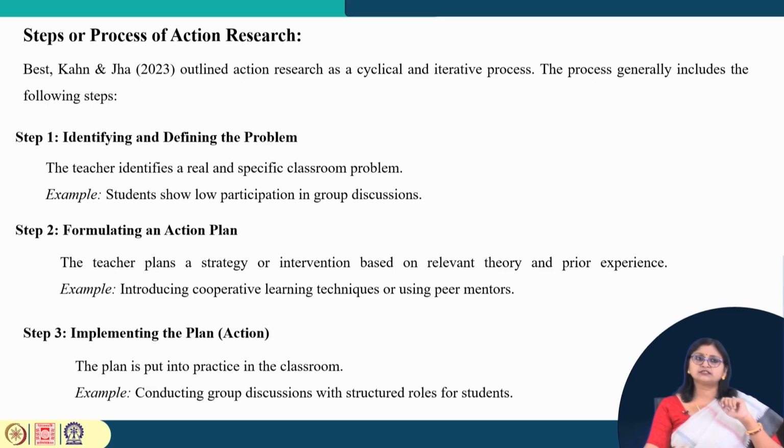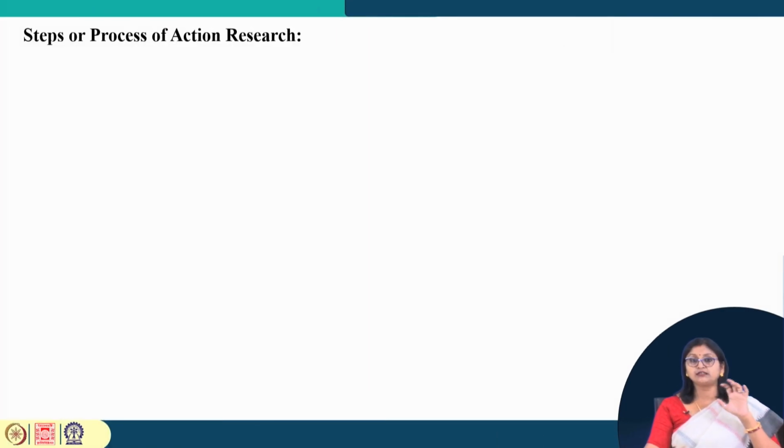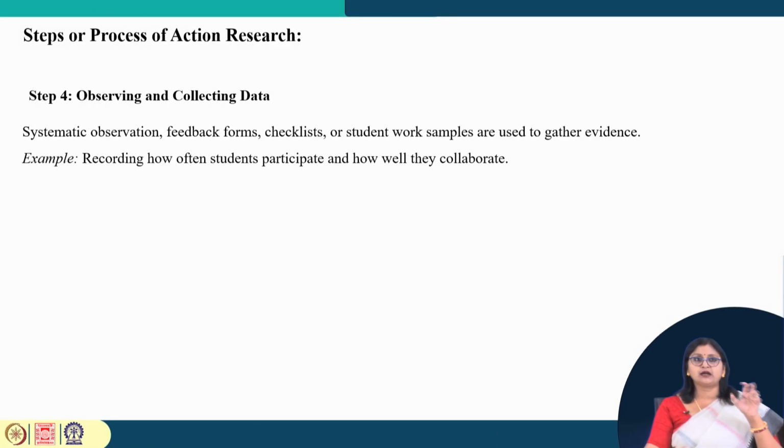And the third one is implementing the plan. Whatever planning has been done by the teacher, the plan is put into practice in the classroom. For example, conducting group discussions, like I said, focus group discussions can be organized with structured roles for the students, so that everyone has to take part in it.